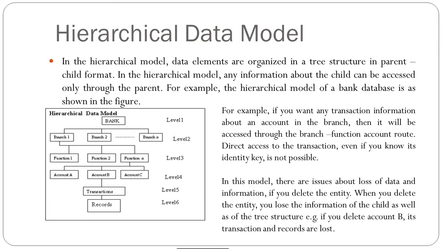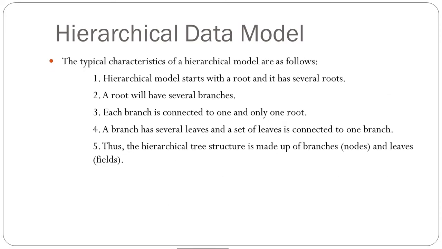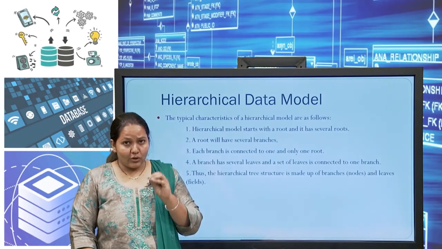This is the third one and the oldest model, which we cannot use easily, and for this we have to learn the concept of child and parent relationship. For these typical characteristics, the model starts with a root, then the root has several branches, one child has one root, and the branches connect to leaves. These are all strict rules we have to follow.